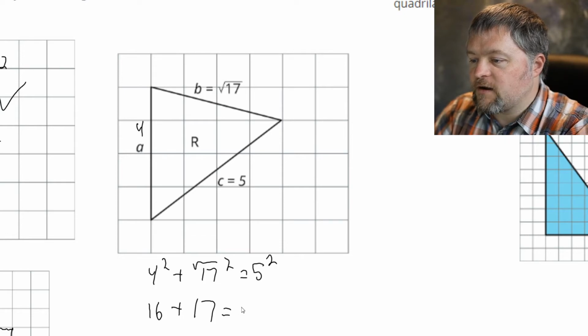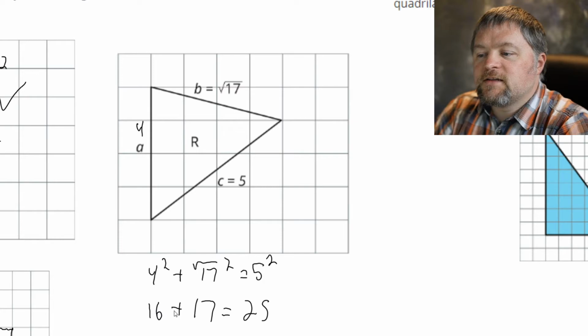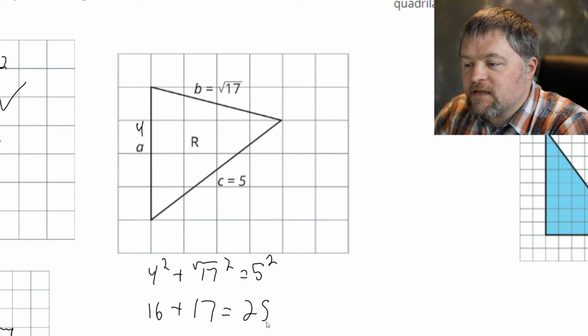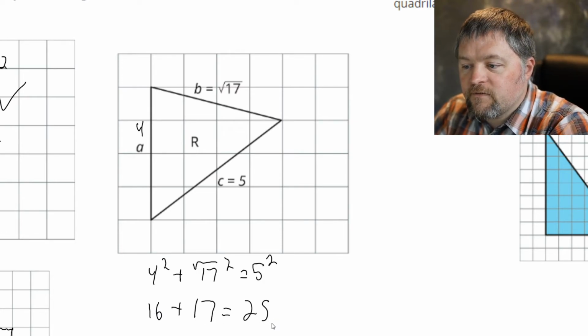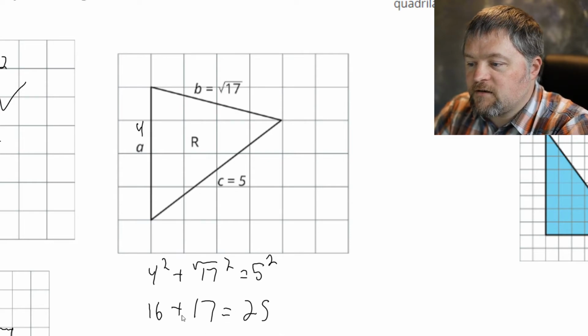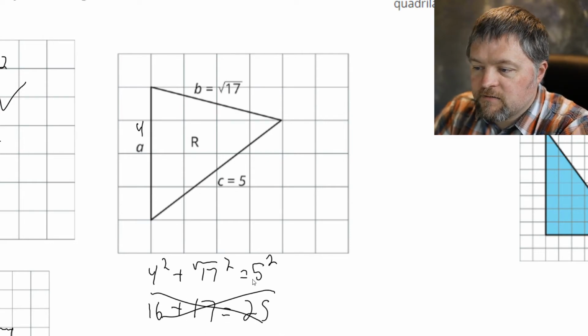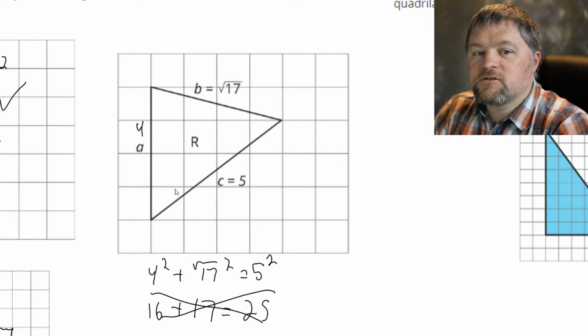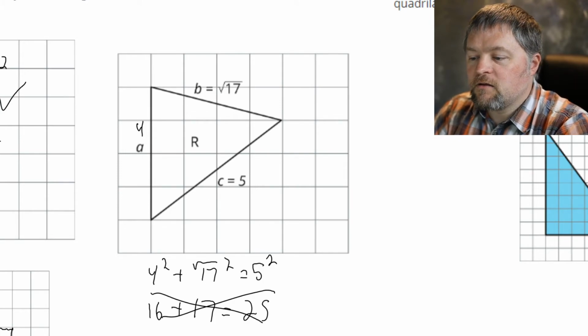It equals 5 squared, which is 25. Does 16 plus 17 equal 25? No, it does not. So that one did not work.